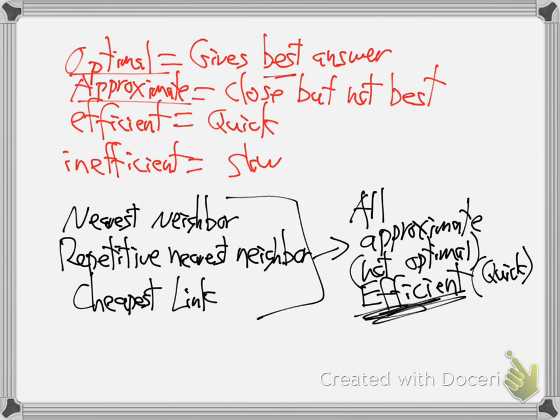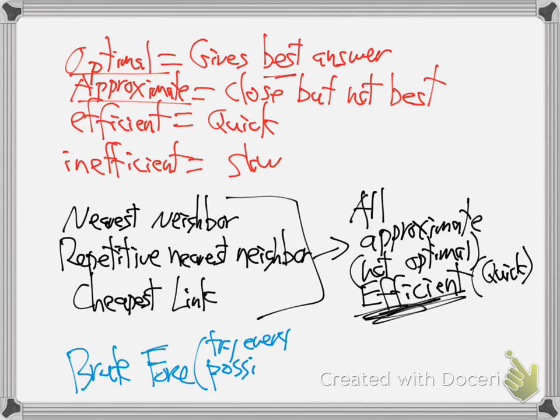There's only one way to get the perfect answer, and that's the brute force. Remember we talked about that one? Brute force means just do them all. Try every possible loop. And that's just too slow. Remember we did those numbers and it was just huge.